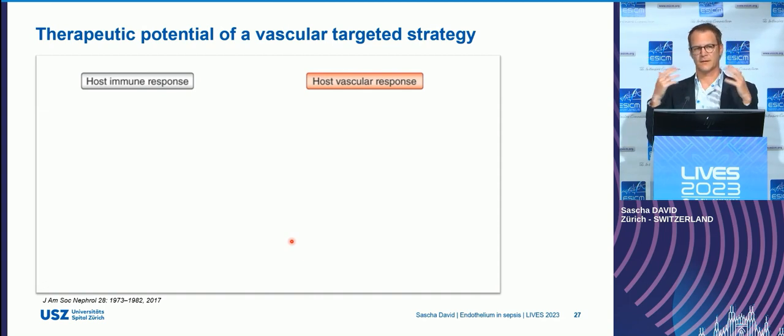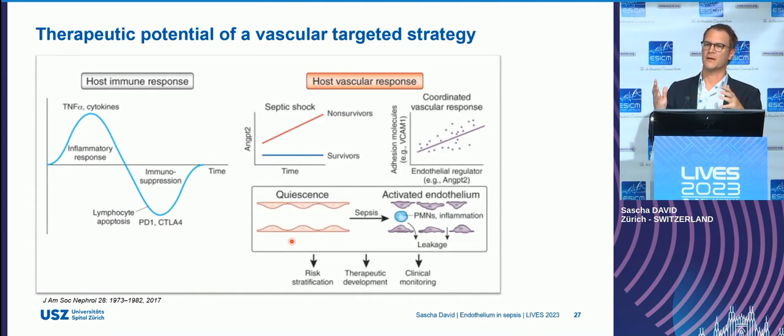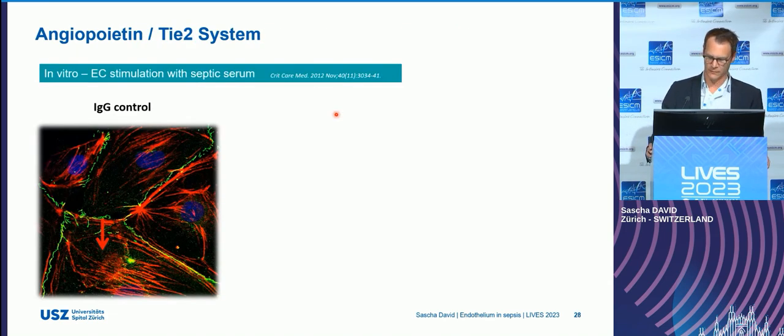We have different things at the same time, one goes up, one goes down. We have a roller coaster system which we cannot monitor. In terms of these vascular tyrosine kinase-driven responses, it's mostly linear. So if you look at this part here, in the survivors you have a continuously increasing level of angiopoietin-2, for example. So if you have a targeted therapy, this could really help to stratify your patient and to make a tailored personal therapy.